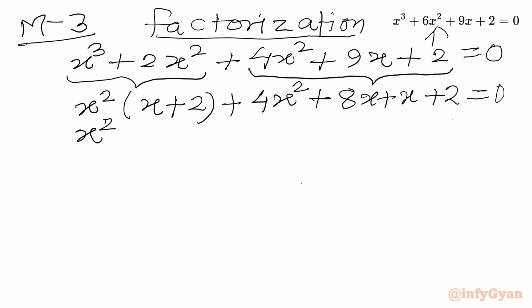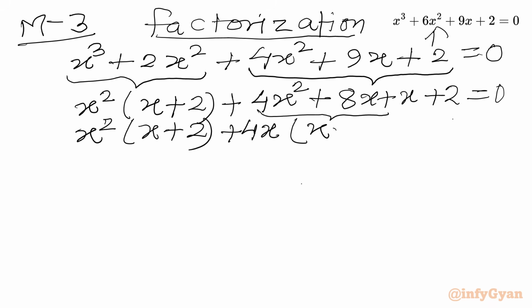We'll write x square times x plus 2. From these two terms we can have 4x common. So we'll write 4x in bracket x plus 2. From these two terms we can have 1 common. So we'll get x plus 2 in the bracket equal to 0.